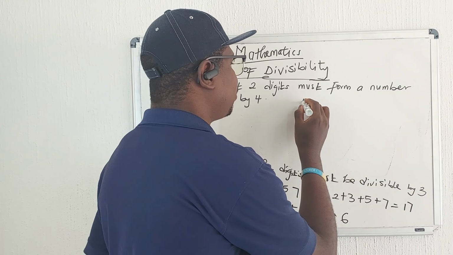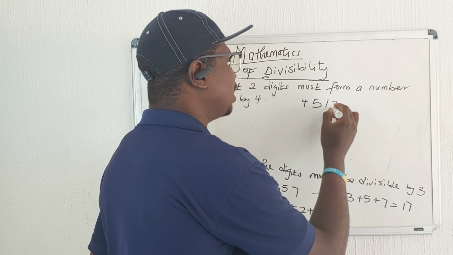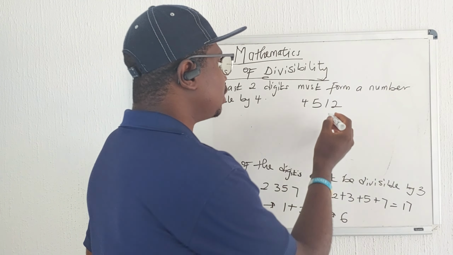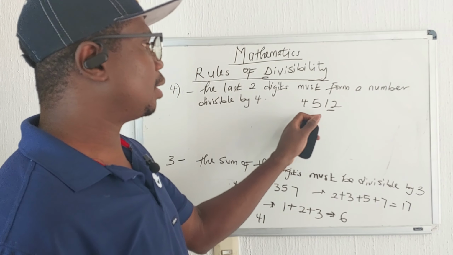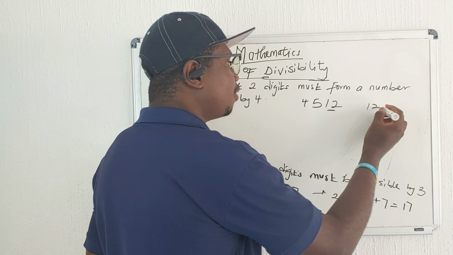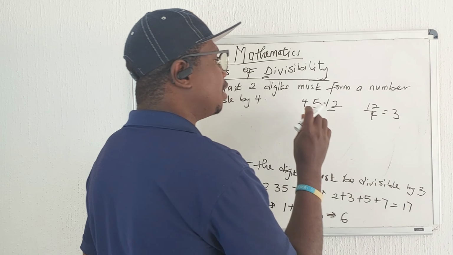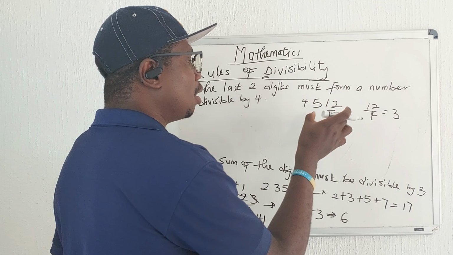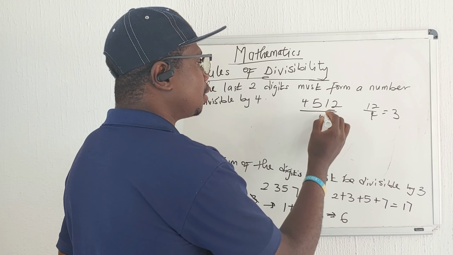For example, we have 4, 5, 1, 2. These are the last 2 digits. It's a number. Is 12 divisible by 4? Yes, 12 divided by 4 is 3. So therefore, this number is divisible by 4.